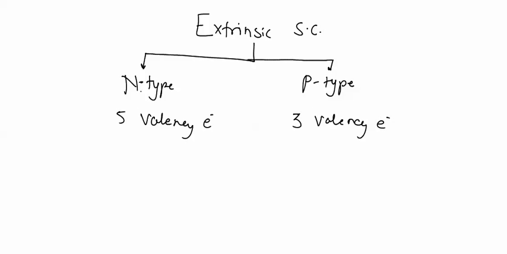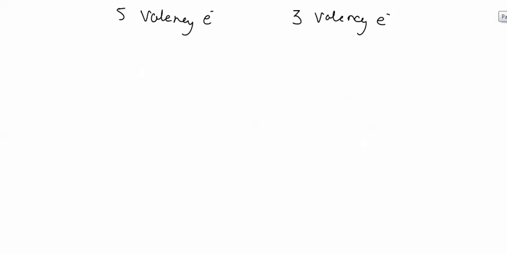Now we will see in detail what is an n-type semiconductor. For example, we have a silicon material with atomic number equal to 14, valence electrons equal to 4.